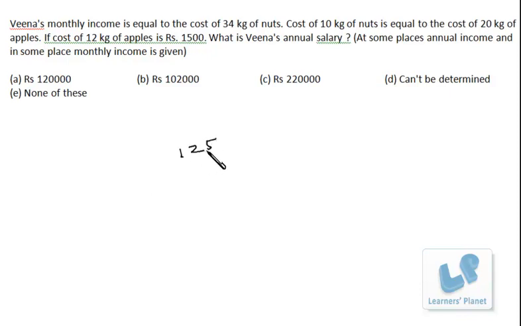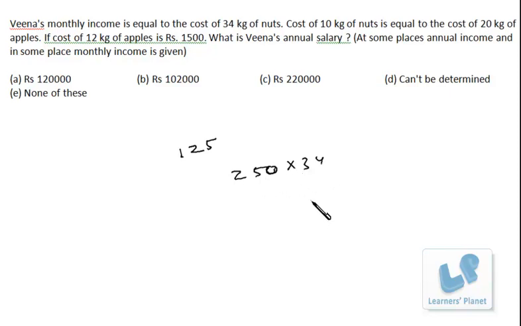Now 125 rupees per kilo is the price of apple per kilo, and cost of 20 kilogram of apple is cost of 10 kilogram of nuts, right? That means the price of nuts is double of this. So price of nuts is 250 per kilo, and Veena's income is the cost of 34 kilogram of nuts. So it's 250 into 34 is the correct answer.